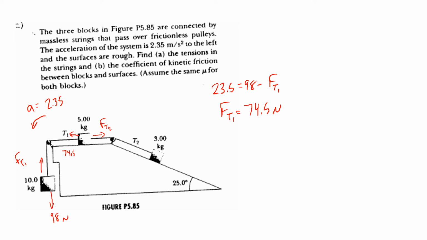Well, I know the net force for that one is going to be 5 times 2.35, which is half of that, so 11.75, and that's going to equal our force of tension 1, so that's going to be 74.5 minus the force of tension 2. Oh, but we also have a friction, so this is going to be 49 newtons. This is going to be 49 newtons, right?